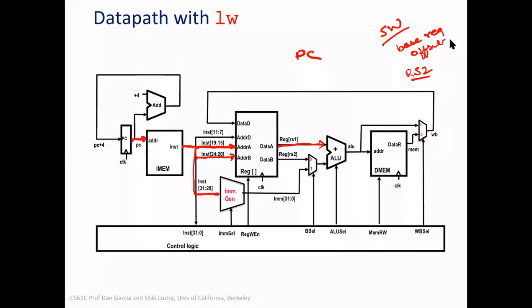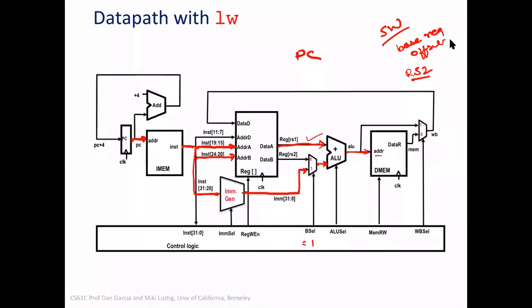The immediate generation will generate the 32-bit offset, and it will come here. Now in order to get the effective memory address to which we want to write, we need to select this one. So B sel should be 1 and the output will come here. So the base address is coming from here and the output is now available here, which is nothing but the memory address. So it goes to the address port. All right, one part is over.